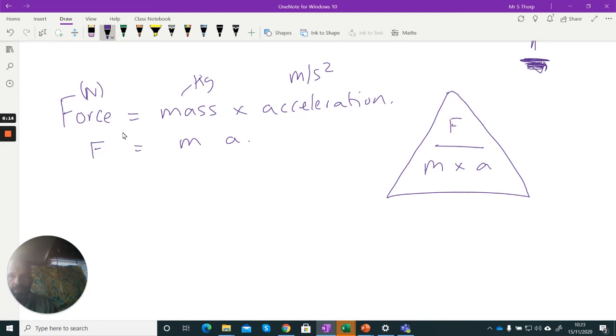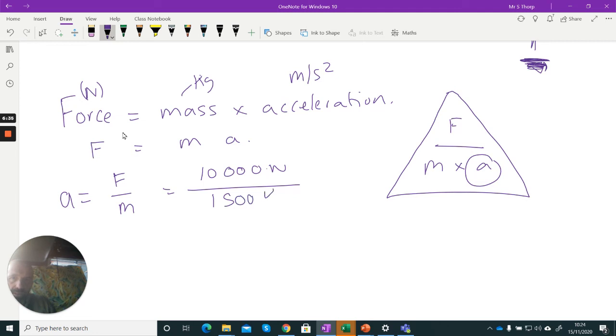So an example would be, they quite often do it so they work out the acceleration. Acceleration is equal to force divided by mass. And so if you had a force of 10,000 newtons on a car of 1,500 kilograms, you do that on your calculator.